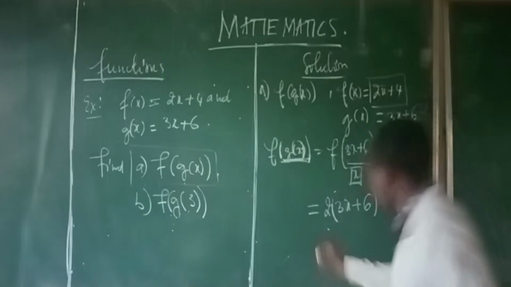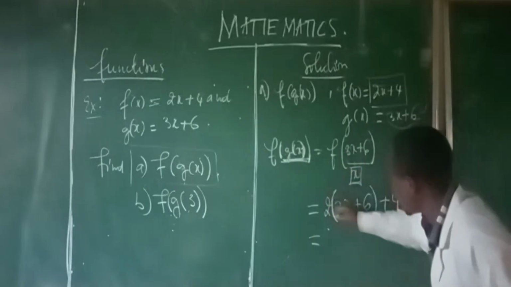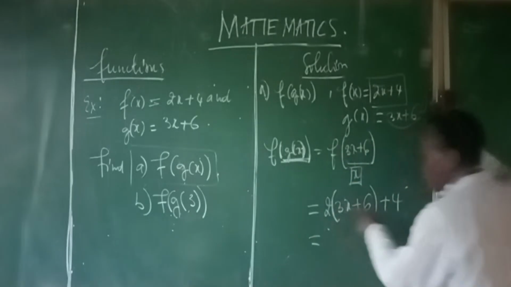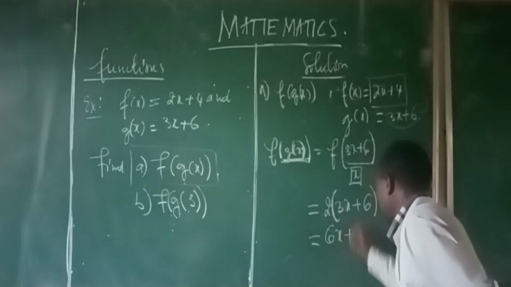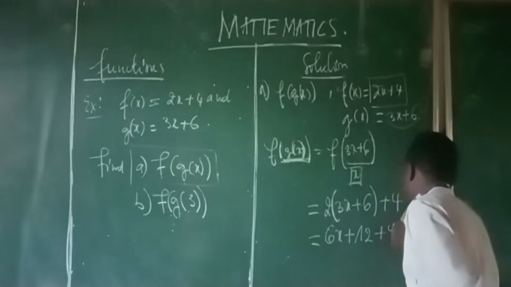Now let's multiply: it is 6x plus 12 plus 4.